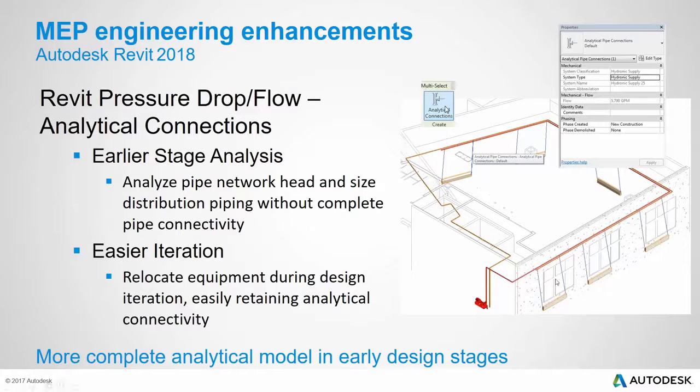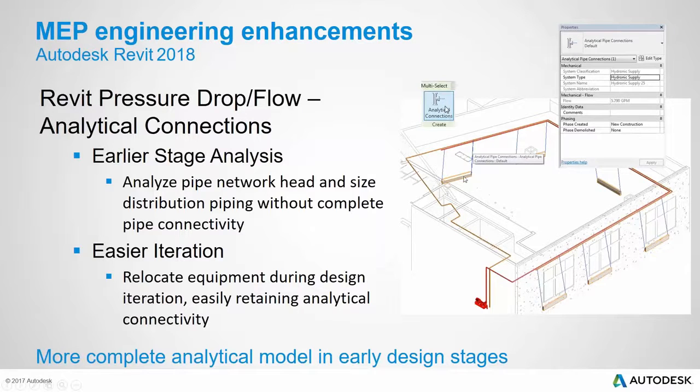In early stages of building modeling, you don't necessarily want to commit to hard connections to pieces of equipment, plumbing fixtures, or piping objects, because we all know the architecture model might still be in flux. So you may want to get an analytical connection to this, and still get the data, but not have to actually drop pipe down to those objects.